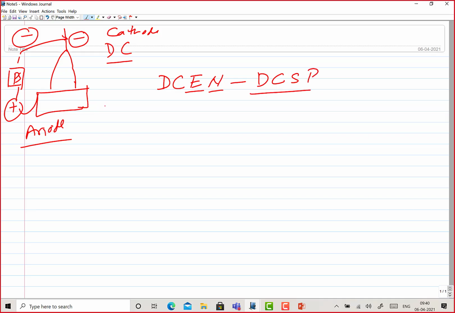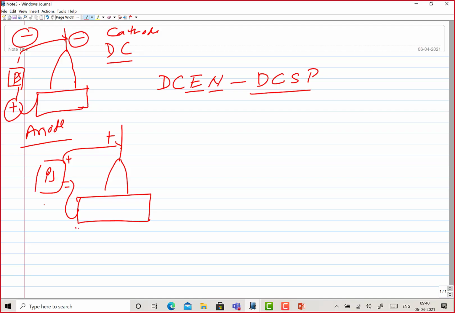This is also called DC straight polarity, SP. When the reverse connection is used, the electrode is connected to the positive terminal of the power source and the base metal is connected to the negative terminal, so the base metal becomes cathode and the electrode becomes anode.